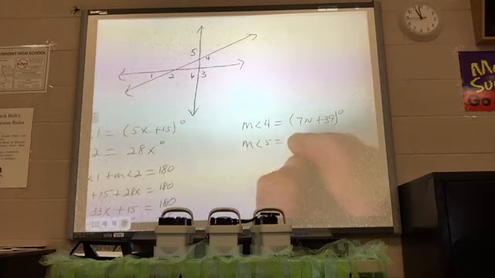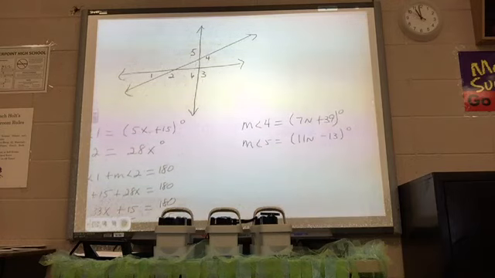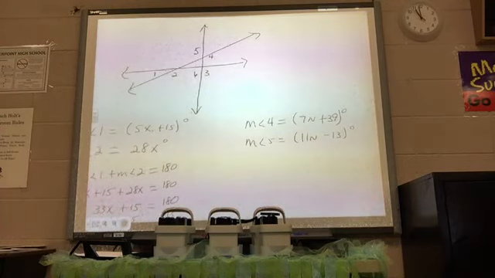The measure of angle 5 is 11n minus 13 degrees. Find the value of n. Again, go to your angles, see what you've got. What do I need to do? Think about it. Come up with an action plan here.